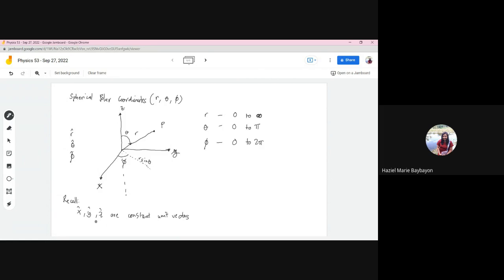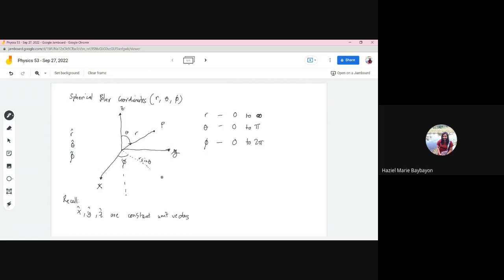However, you cannot do that for r hat, theta hat, and phi hat because they are not constant. And take note that r hat, theta hat, and phi hat point into the direction of increase of the corresponding coordinates. And of course, they are mutually perpendicular.